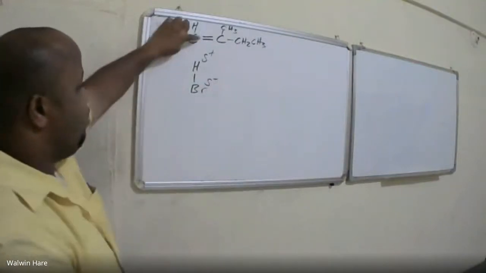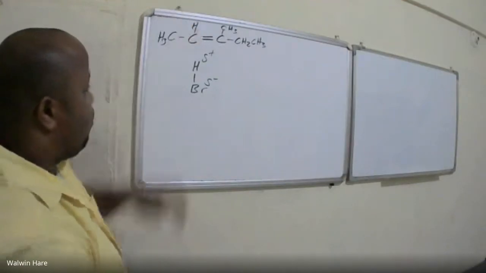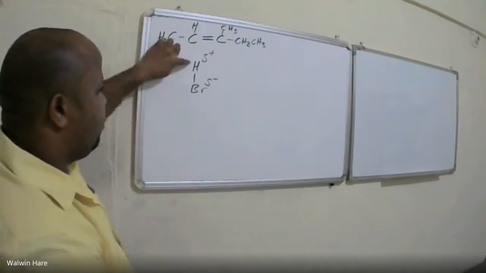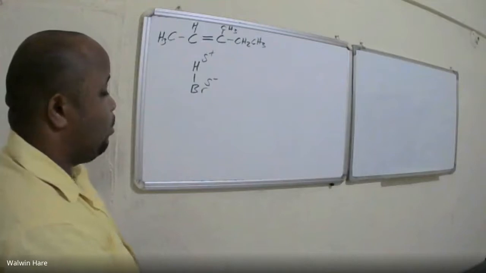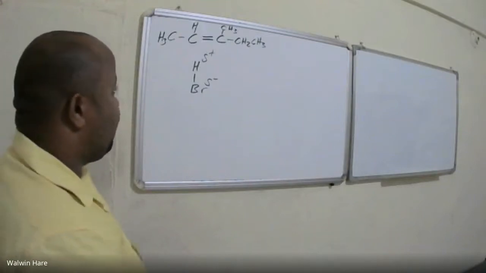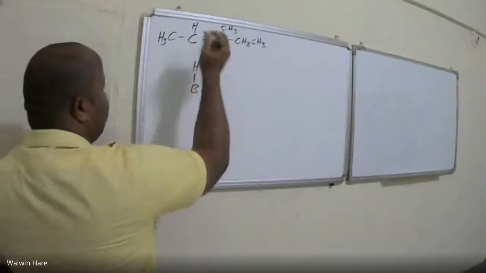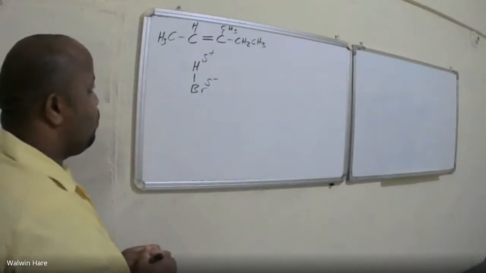So we know that the pi electrons in the alkene molecule will do what kind of attack on the hydrogen atom? The nucleophilic attack. So should I use a curved arrow or a fish hook?